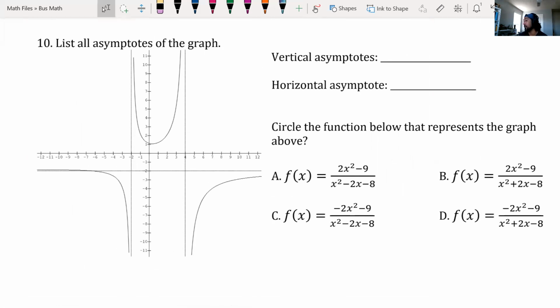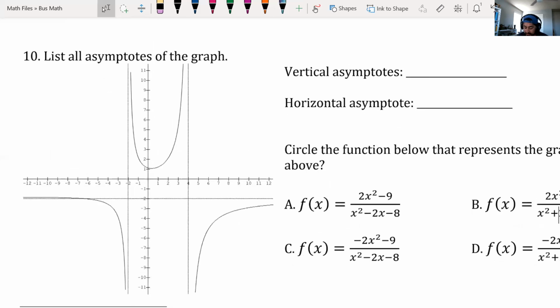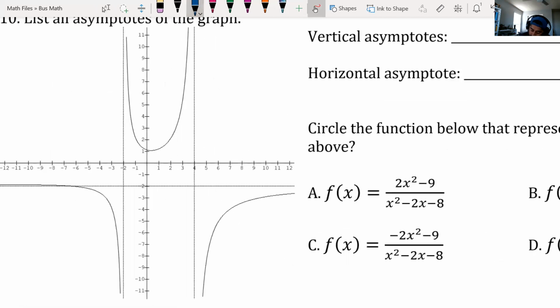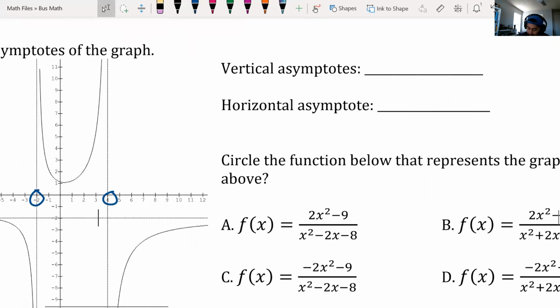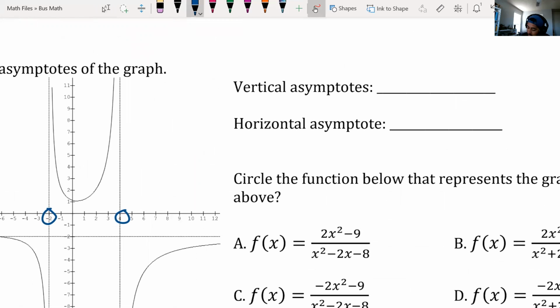The first thing we look for are vertical asymptotes, which means look for your vertical lines. We see that we have a vertical asymptote at the x value of -2 and the x value of 4. So my vertical asymptotes are x equals -2 and x equals 4.